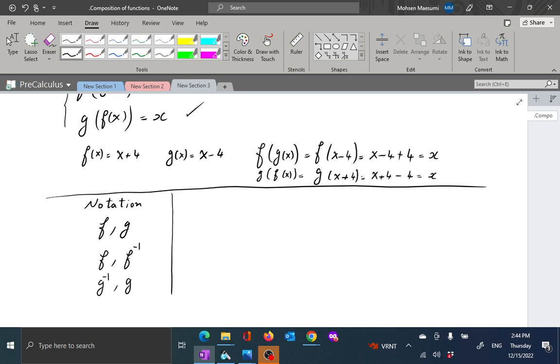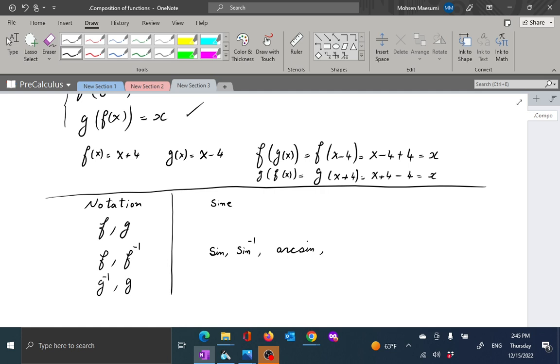Just in preparation for stuff we are going to do later on with trigonometry, we have another notation in trigonometry. We have a bunch of trig functions like sine, cosine, and so on. So sine has an abbreviation SIN. The inverse of that, you can write it sine with a -1 on top of it, or there is another notation, arc sine.